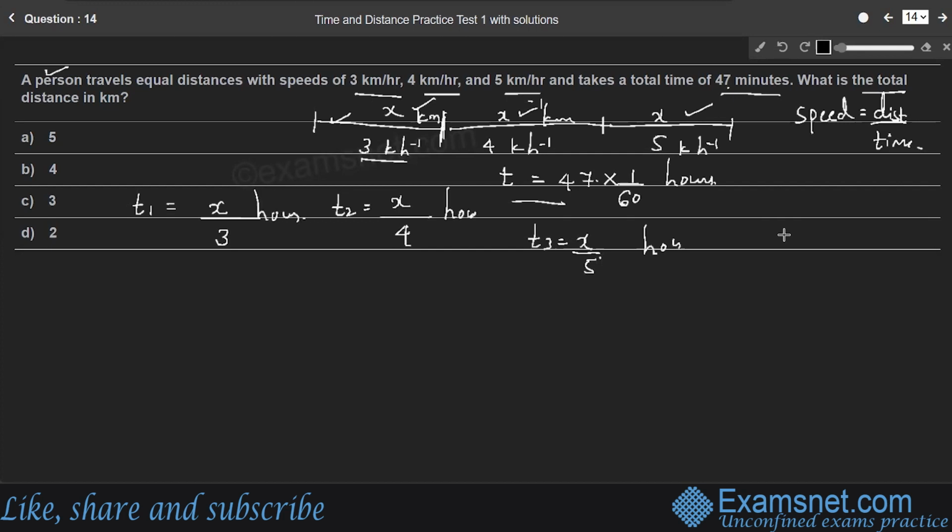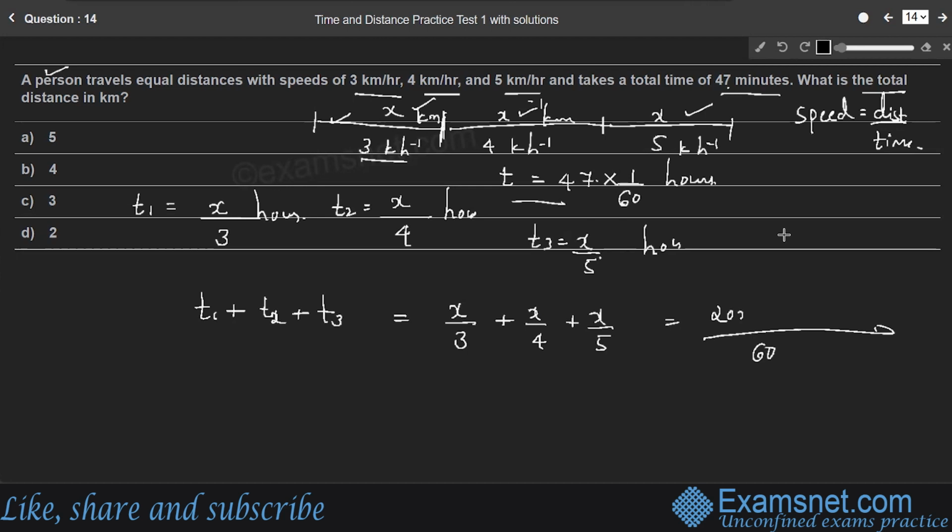We'll consider T1 plus T2 plus T3, and the total time is already given. T1 plus T2 plus T3 is equal to x by 3 plus x by 4 plus x by 5. Right? Since the LCM is 60, the numerator becomes 20x plus 15x plus 12x.